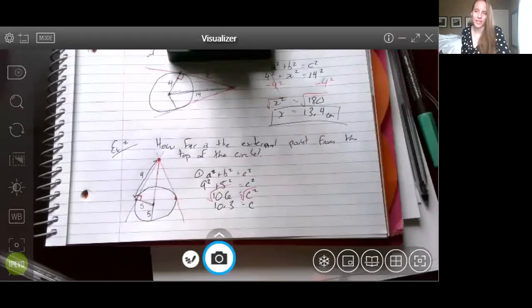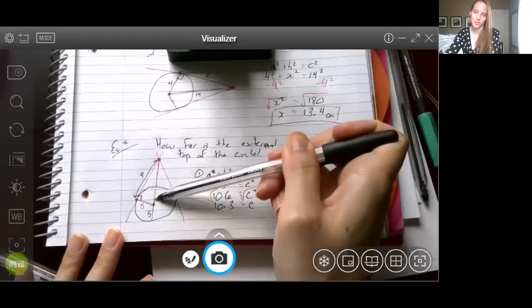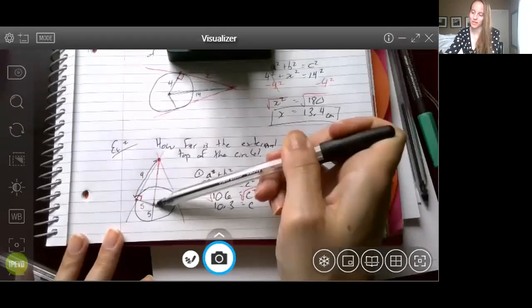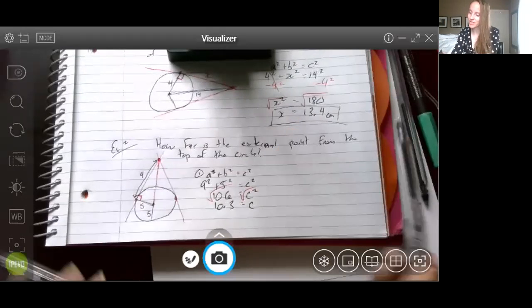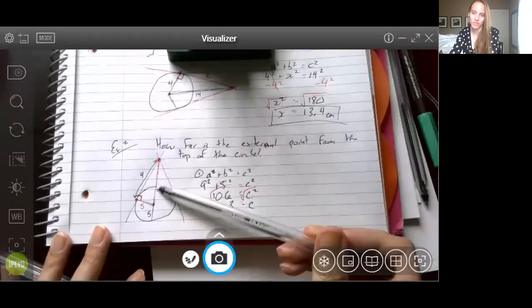as our c value. Now, that is not going to be our final answer because we just found the length of this entire red line from the external point to the point at the center of the circle. However, it has asked us for the distance from the external point to the top of the circle.